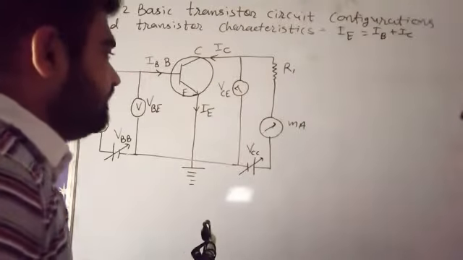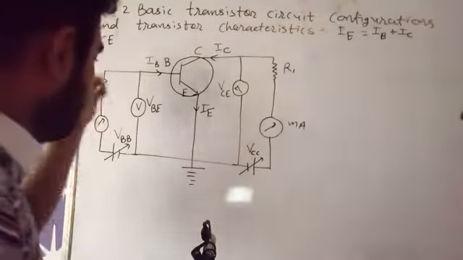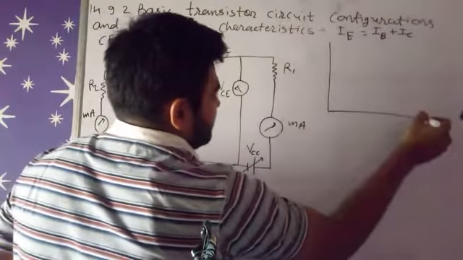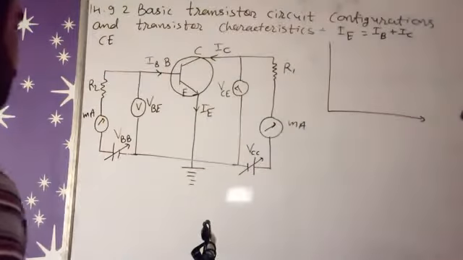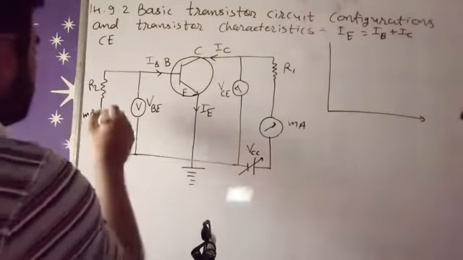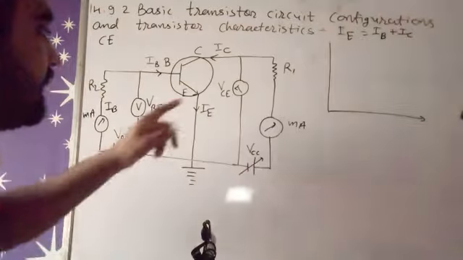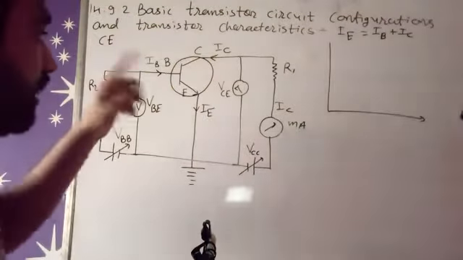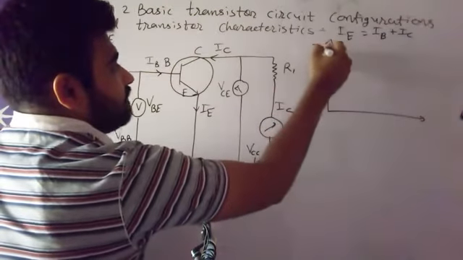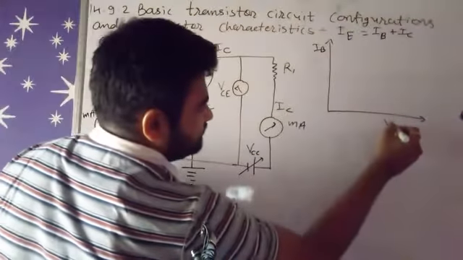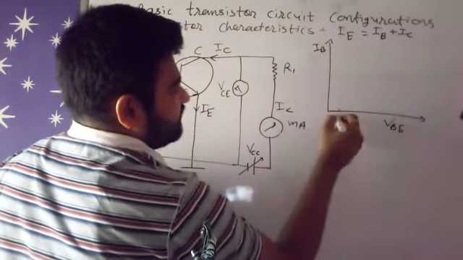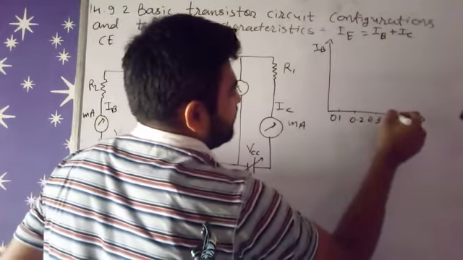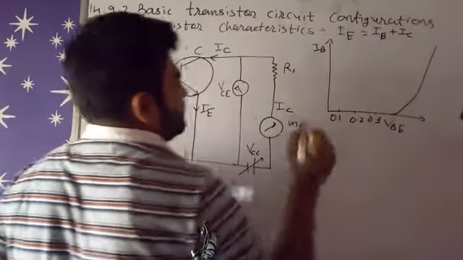Now we have different characteristics like input characteristic and output characteristic. If I am drawing the input characteristic, it means only this portion, where this is IB and this is IC. I am drawing the graph of IB versus VBE. It starts from 0, 0.1, 0.2, 0.3. After this point we get a graph like this.